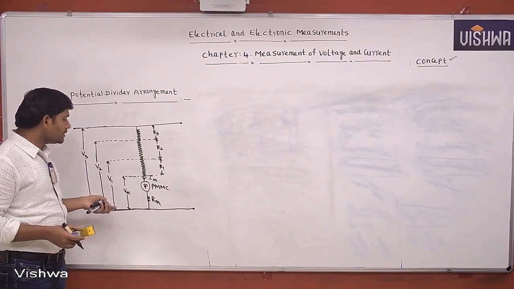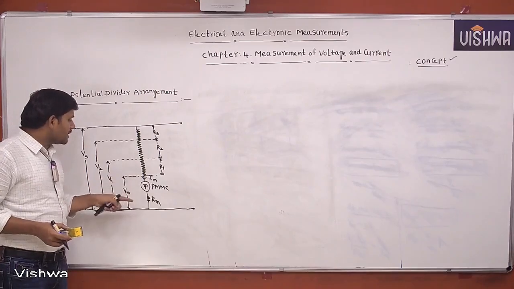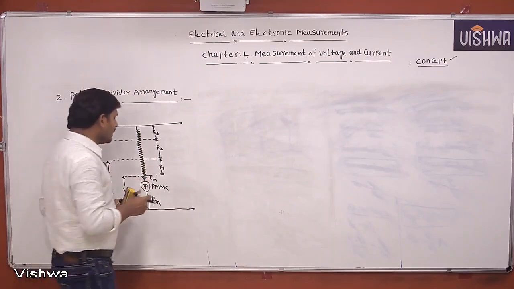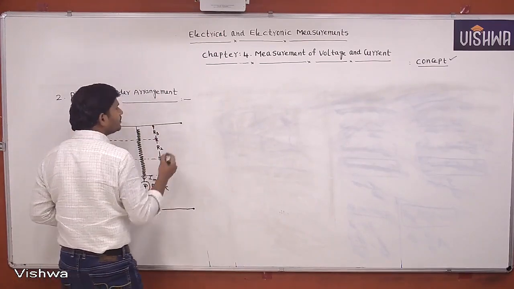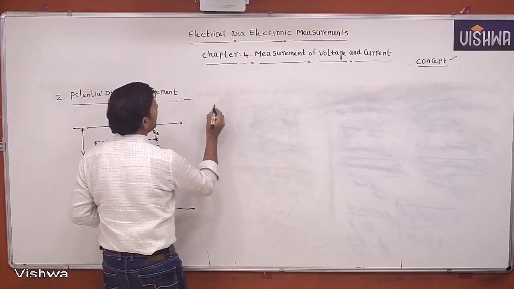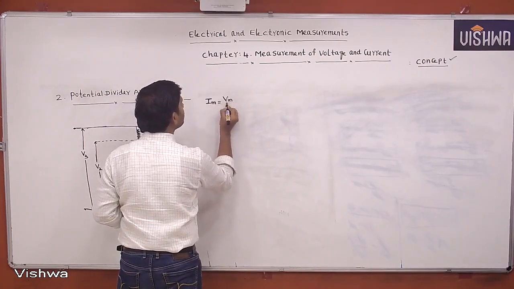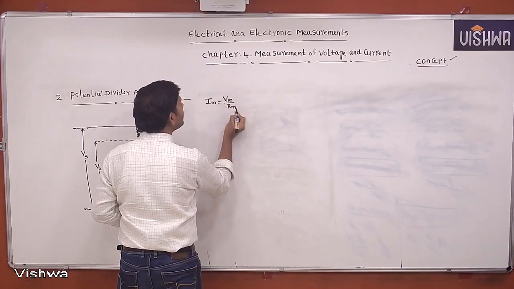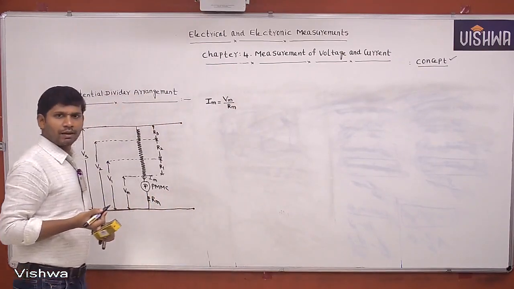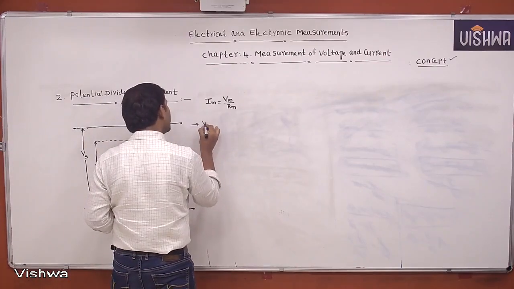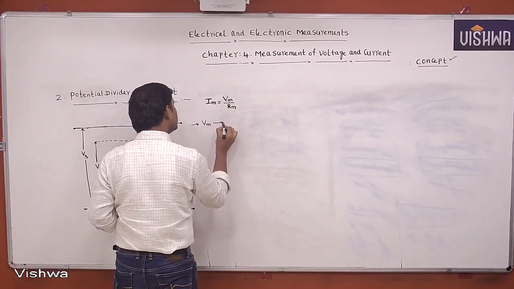Now the question is, to extend the range from Vm to V1, how much R1 can you connect? Before that, the current remains the same. Then Im equals Vm by Rm. The first design is to extend the range from Vm to V1.